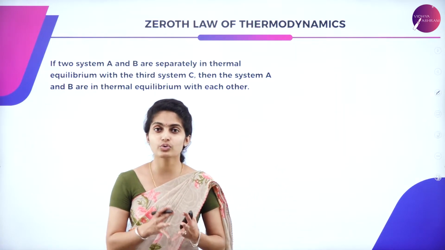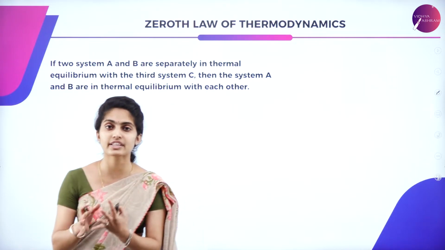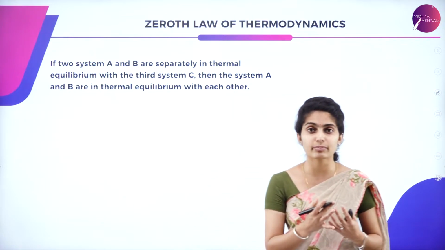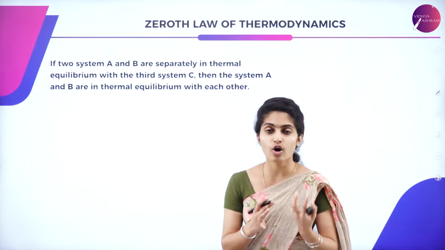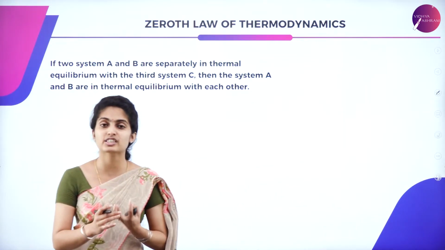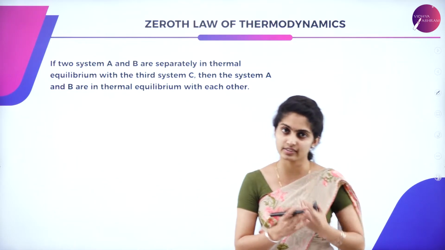As we all know, there is existence of laws for everything which happens in this universe, and these laws were given by many physicists. They have given their own laws by observation, by practical aspects, experimentally done, and they have stated certain laws.